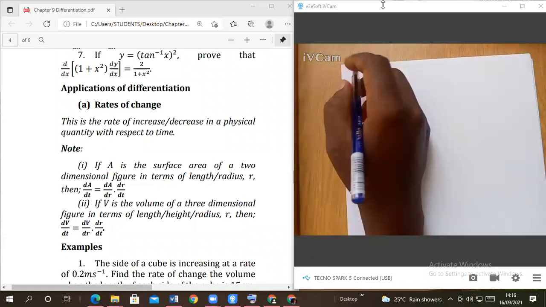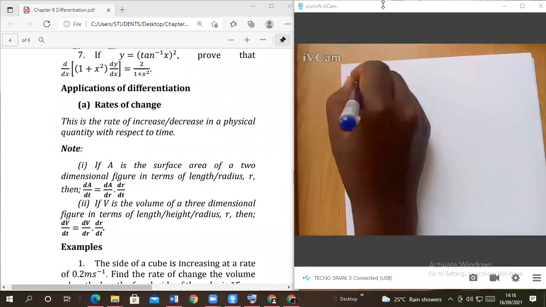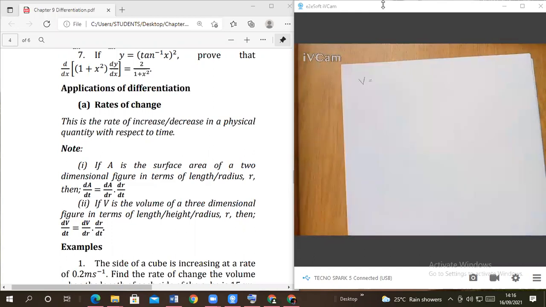Who can give us the formula that we use to find the volume of a cone? Volume of a cone? Let's see this, guys. Sam, please don't mute your audios. Give me the formula we use to find the volume of a cone.